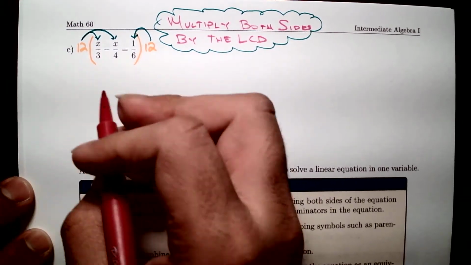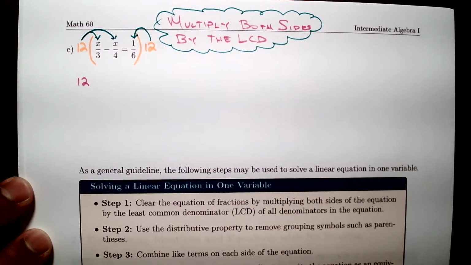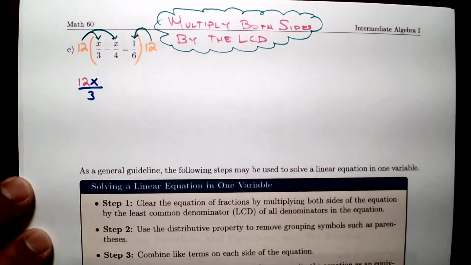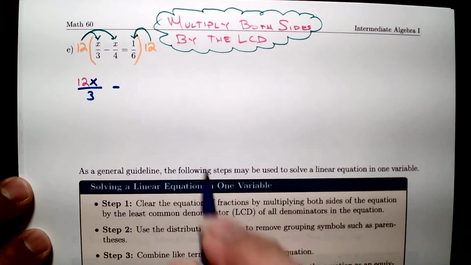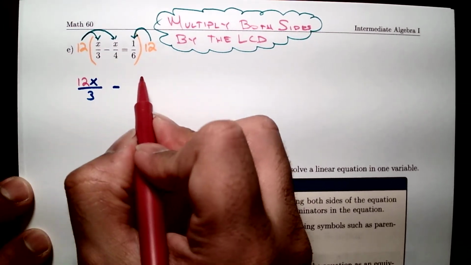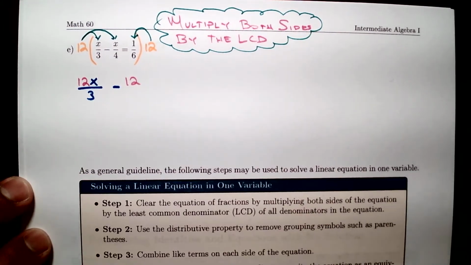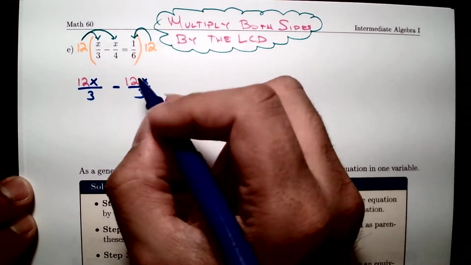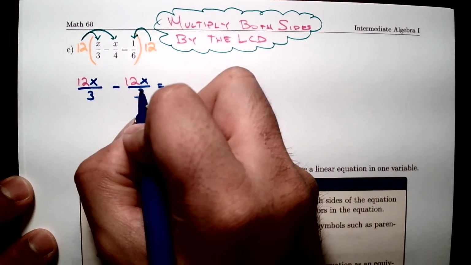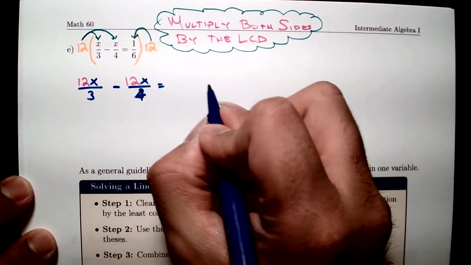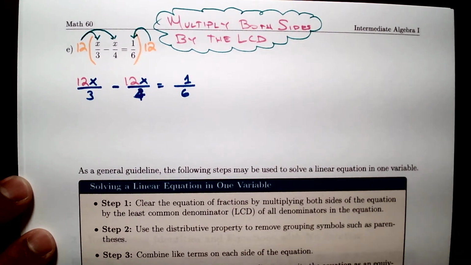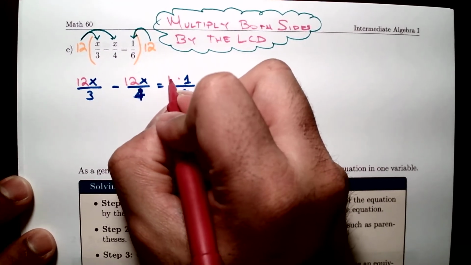I'm going to use 12 in a different color just so you can see how we are supposed to do it: 12 times x divided by 3, minus 12 times x divided by 4, equals 12 times 1 over 6.